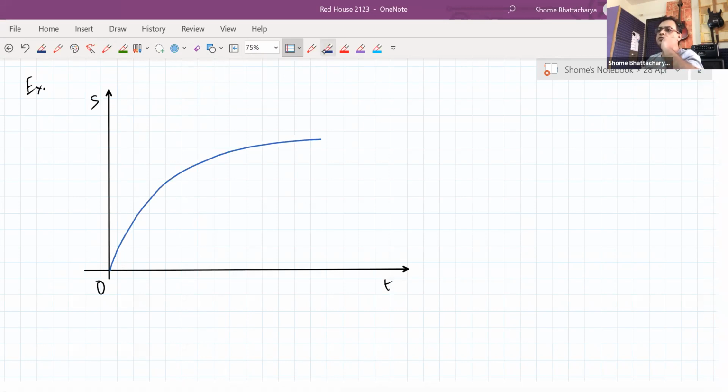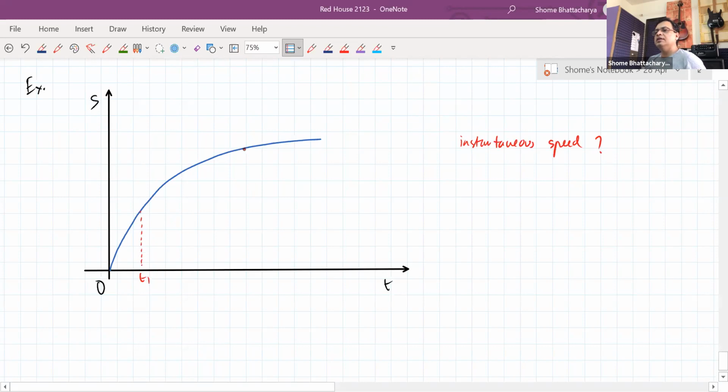What can we observe over here, what can be said about the instantaneous speed? Suppose I calculate the instantaneous speed at t1 here, and then again later at a different instant of time t2.